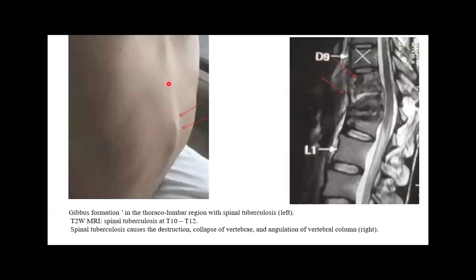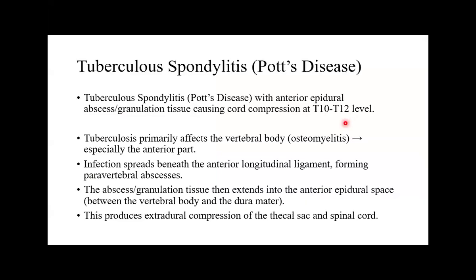So here is the gibbus formation in the thoracolumbar lesion, and the T2-weighted MRI showing spinal tuberculosis at T10 to T12, causing destruction and collapse of the vertebra and angulation of the vertebral column. Pott's spine with anterior epidural abscess or granulation tissue causing cord compression.